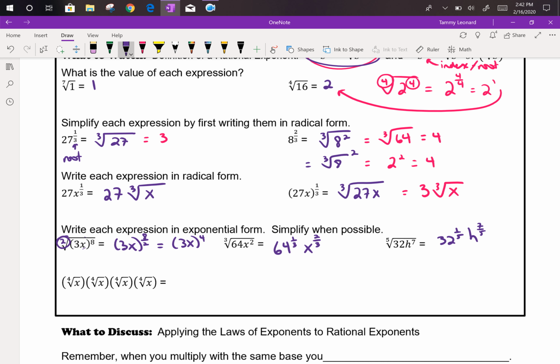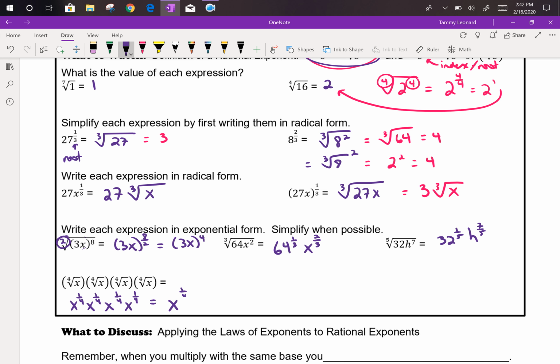The last one's kind of interesting. This is x to the 1/4 power times x to the 1/4 power times x to the 1/4 power times x to the 1/4 power. Well, you know that when you multiply with the same base, you add the exponents because we talked about that when we studied laws of exponents.